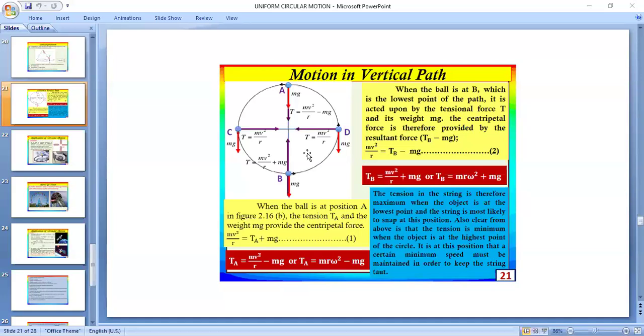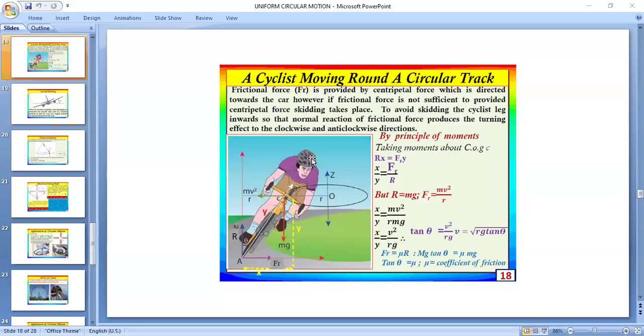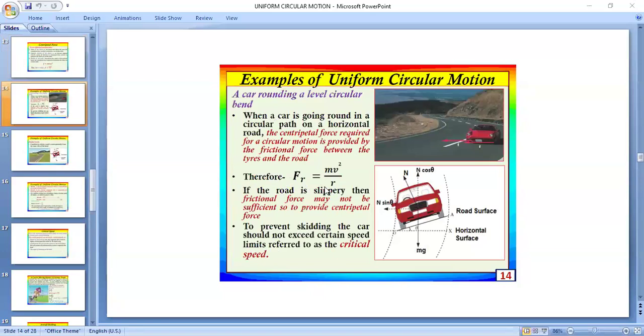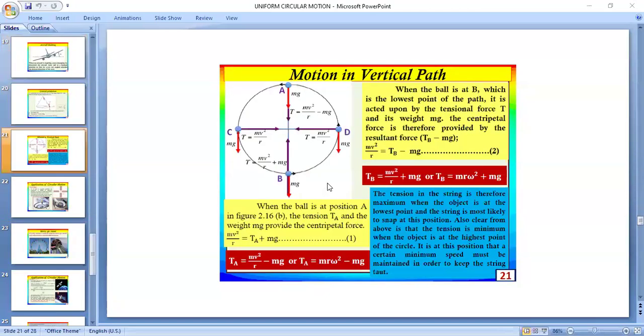Using the physics symbols, Fc equals T plus W. Previously we learned that Fc represents centripetal force, and that centripetal force is mv squared over r. So where there is Fc, we put mv squared over r, equals tension T plus weight, which is mg.